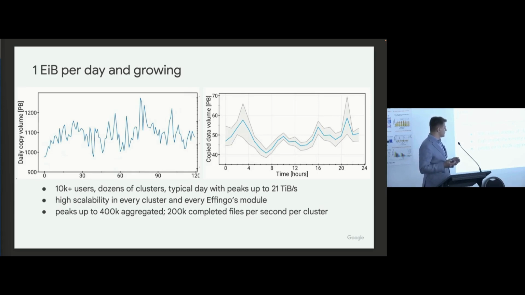And our peaks can be, per user, per cluster, even half of all the traffic aggregated. So that's very challenging. That means all our resources, the components that you've seen before, need to scale horizontally, vertically, and we need to avoid single points of failure.